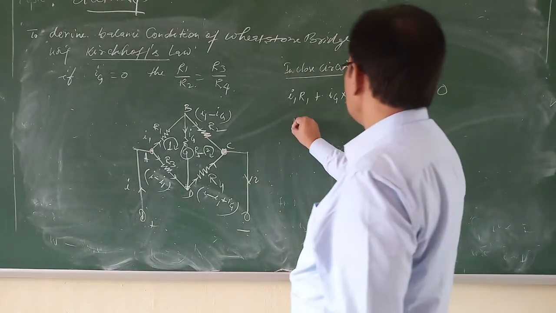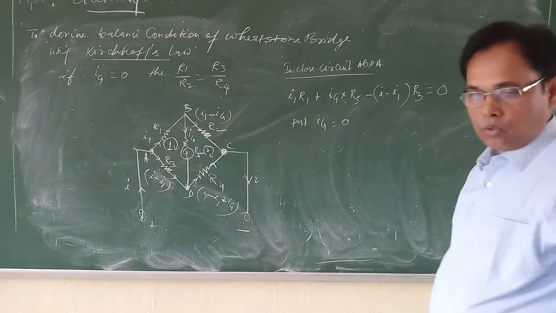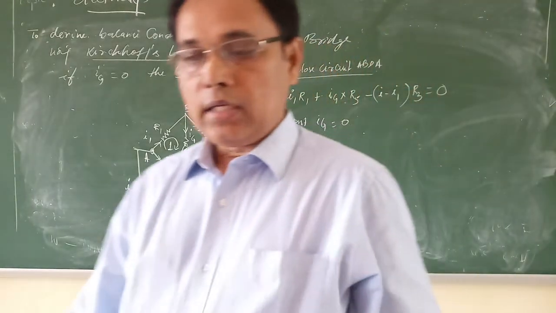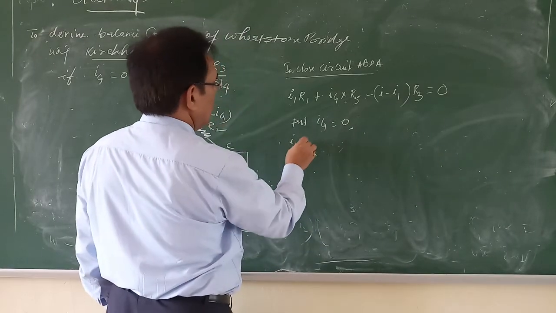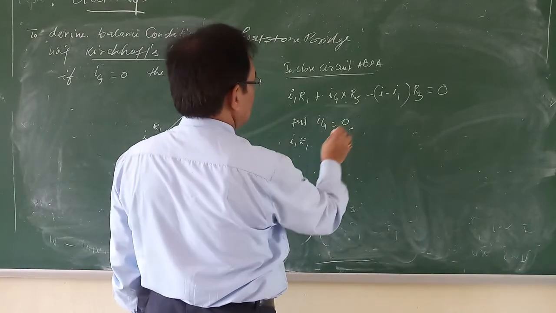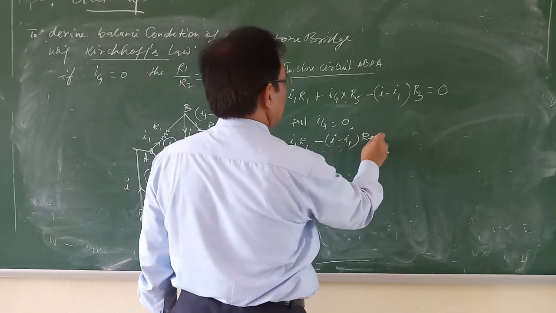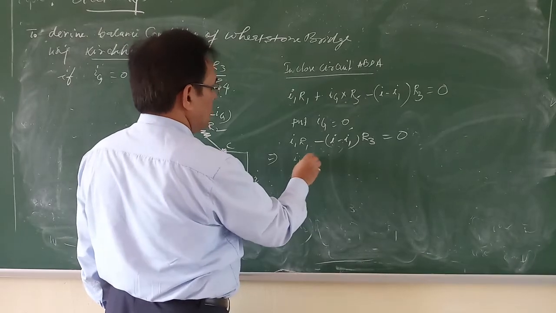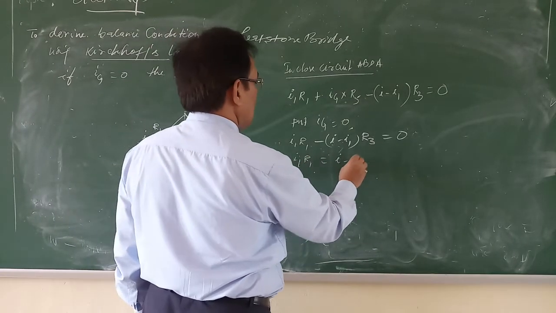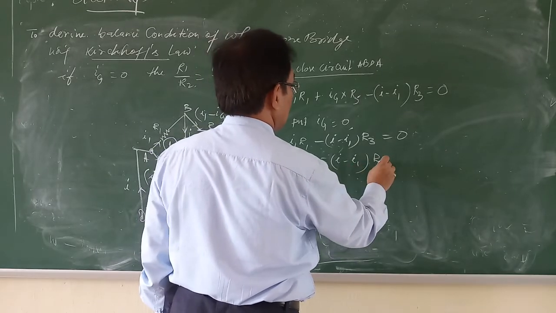Now use the condition here, put Ig equal to 0. So if you put Ig equal to 0, then the IG R5 value is 0, so I1 R1 minus I minus I1 R3 equal to 0, or you can write I1 R1 equal to I minus I1 into R3.